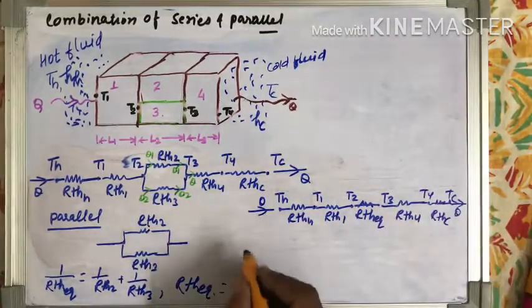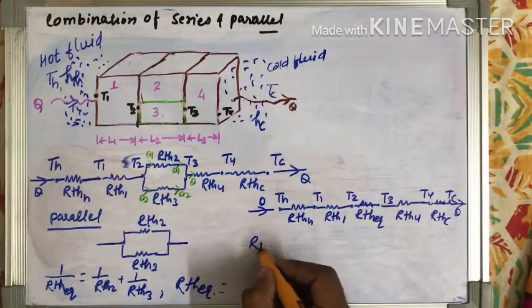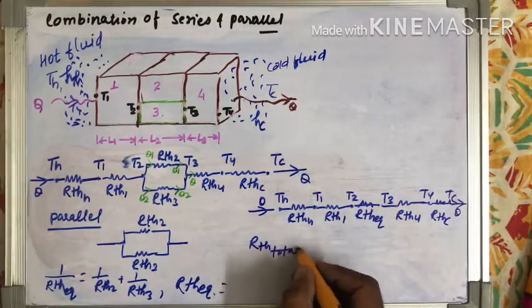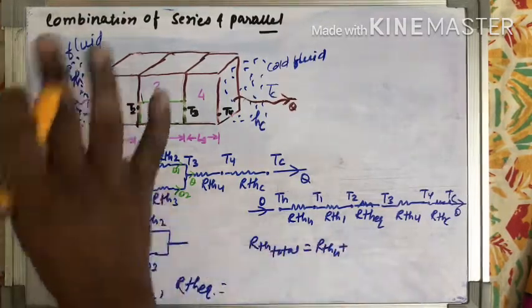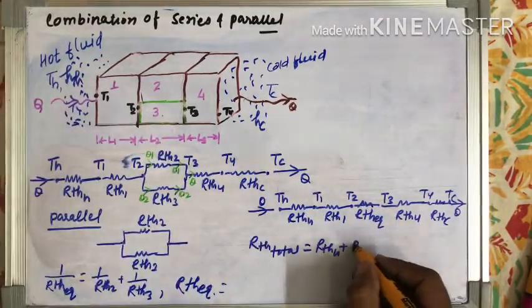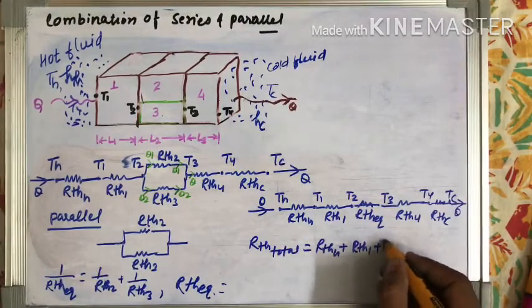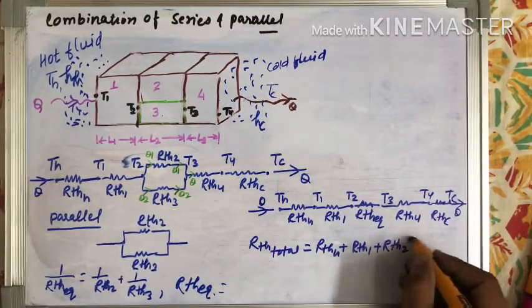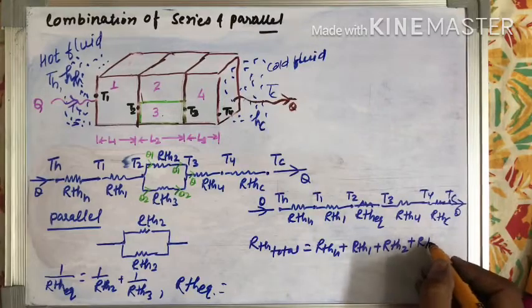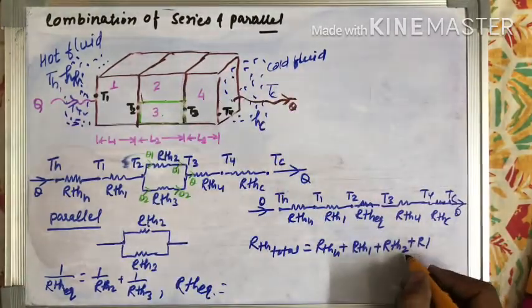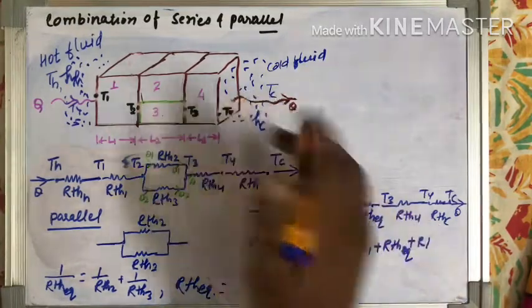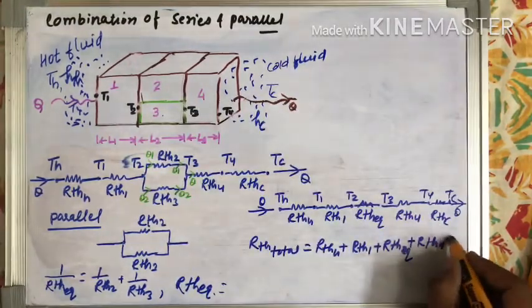Now this is arranged in series, so we can solve it very simply. So we can write RTH total is equal to RTHH, the thermal resistance for the hot fluid, plus RTH1 for material 1, RTH2, this equivalent for 2 and 3, RTH4 for this 4, and RTHC for this cold fluid.